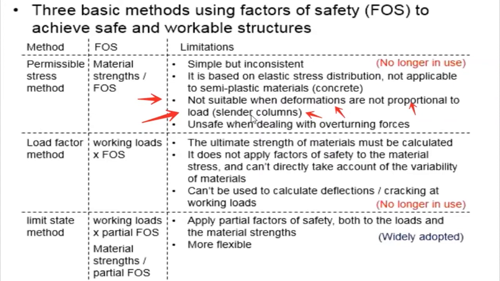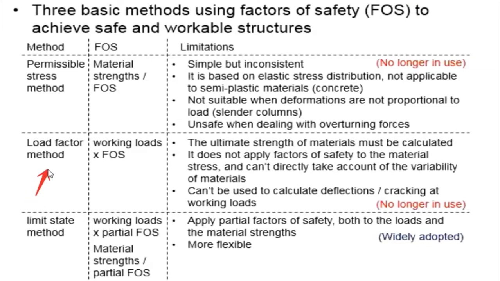It is also unsuitable when dealing with overturning of the forces or actions. So under the permissible stress method, for the factor of safety, you consider the material strength. Always we say this is no longer used in design.